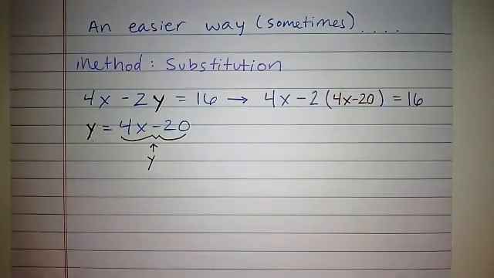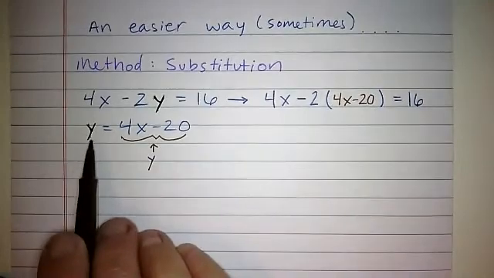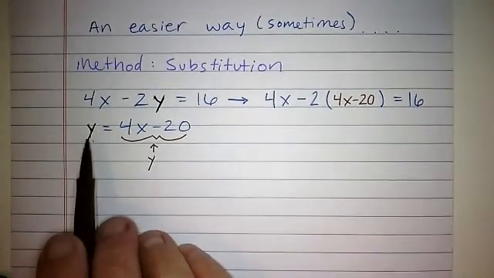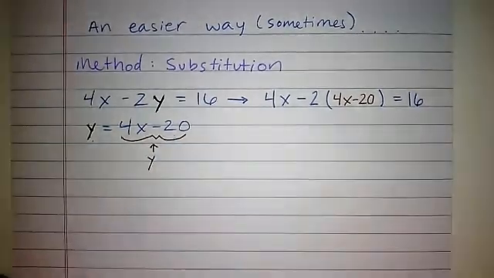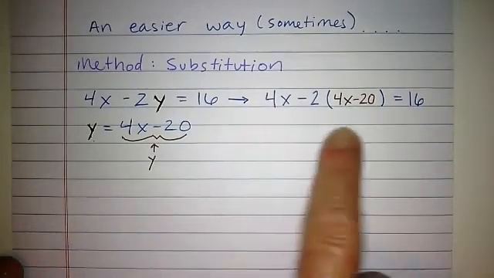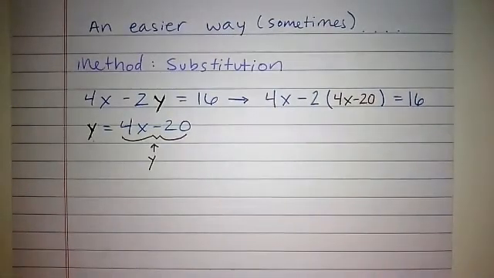And the reason I can do that is because the bottom equation tells us that's what y is equal to. So check it out. By making that one move, that one step, I now have one equation with one variable. And so the trick to being successful with substitution is knowing how to solve an equation that looks like this.